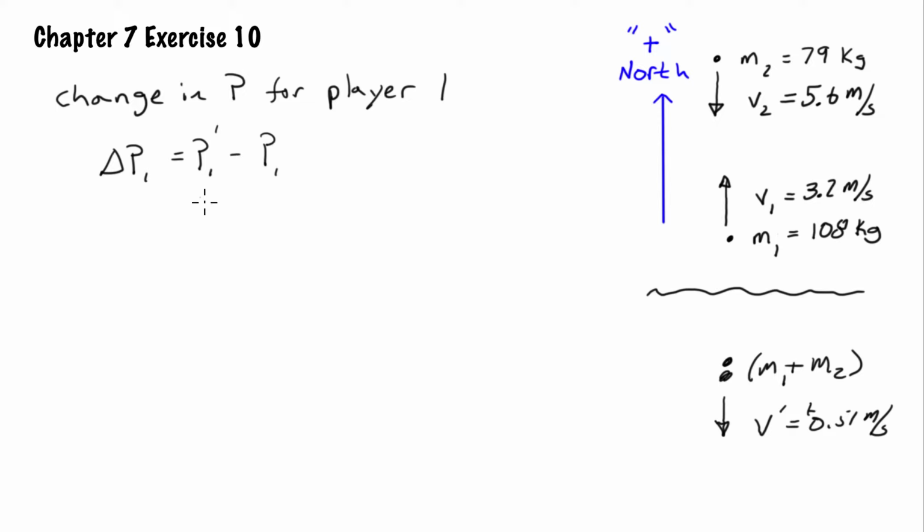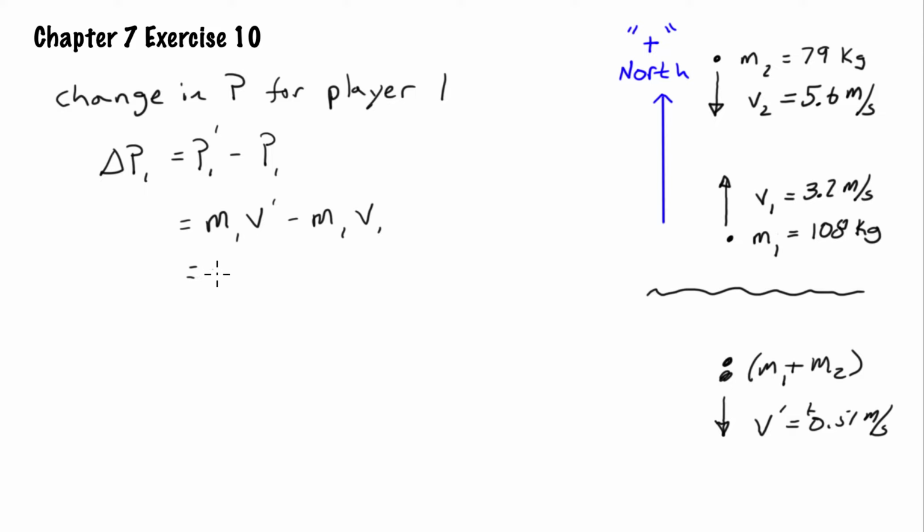So even though the two players are stuck together, each player has a little bit of momentum individually. And if you wanted to calculate the momentum that player 1 has after the collision, you would have to take that player's mass and multiply it by that player's velocity. And you would subtract from that what that was before. But I want you to know that here you're not going to use the mass of both players together, because we're asked only to find the change in momentum of one player. So if you plug some numbers into this, let's see what you get.